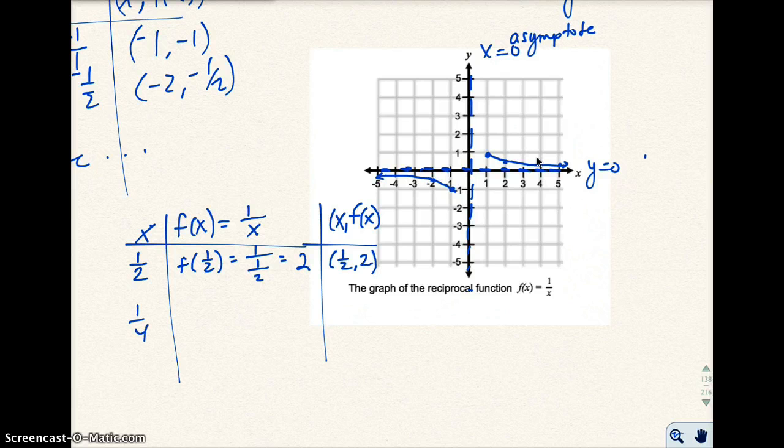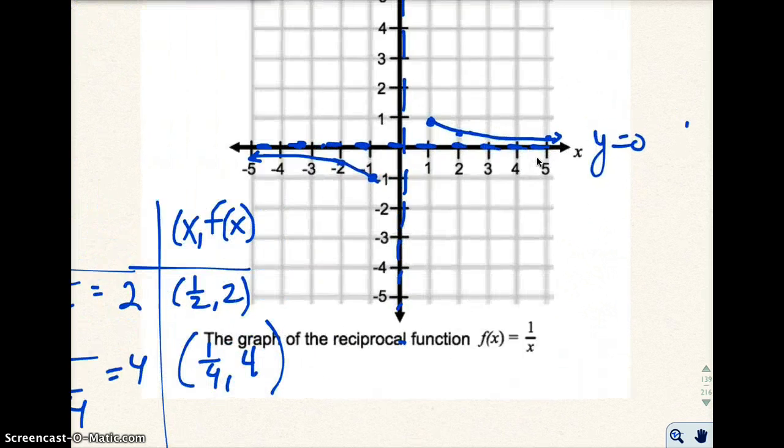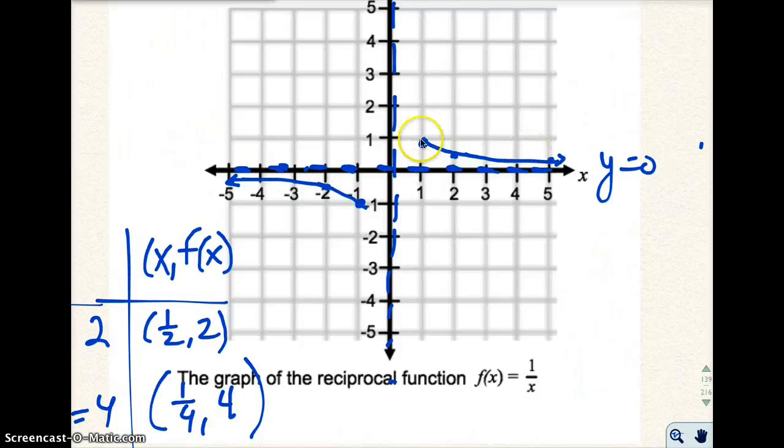If I let x equal 1/4, it would be 1 over 1/4, which is 4. And so on. So let's see what happens there. I have a half, and I get 2, so it'll be right there. And I have a 4th, and a 4 will be right there.